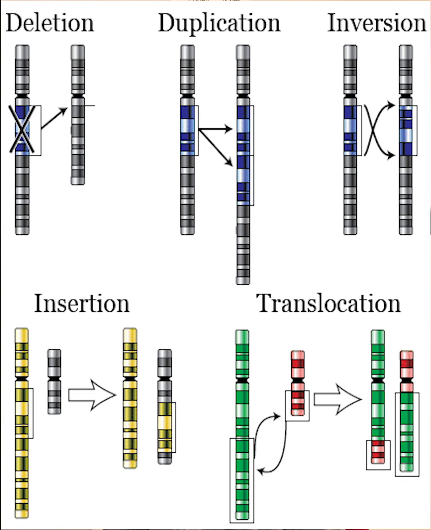Terminal deletion is when the loss of the segment of the chromosome is near one end of the chromosome. Instead, in intercalary deletion, the deletion occurs in the middle of the chromosome.